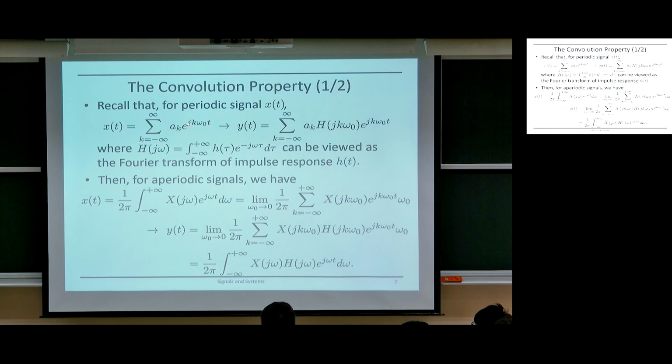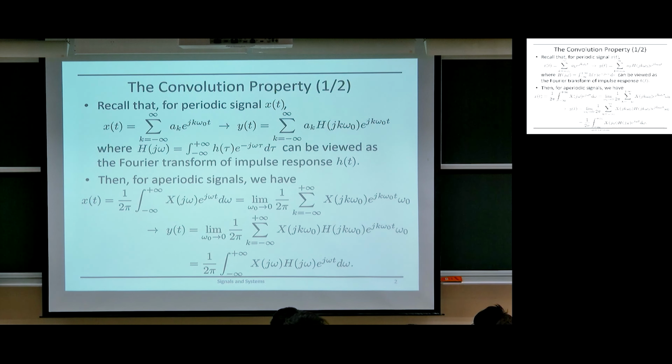Now, since complex exponentials are eigenfunctions of linear time-invariant systems, if you have a certain complex exponential coming into the system, you will have the same complex exponential going out of the system, and each one scaled by its corresponding frequency response. Okay? So a linear combination of these complex exponentials gives you an output that is the linear combination of the same complex exponentials, each one scaled by this complex frequency response.